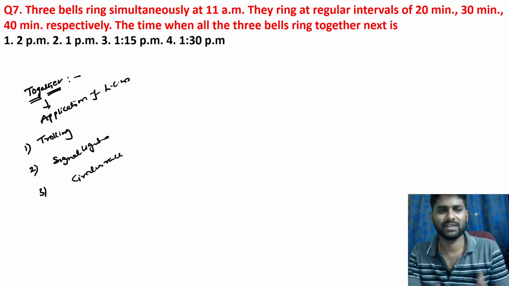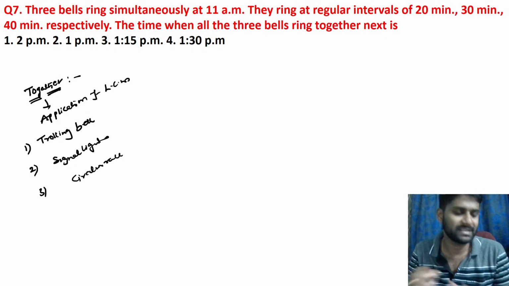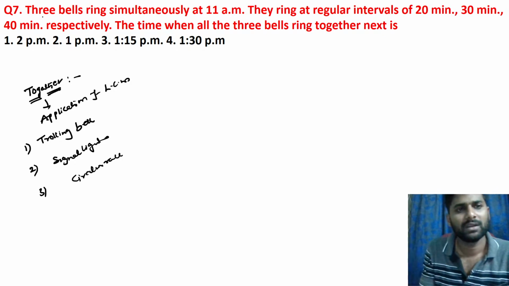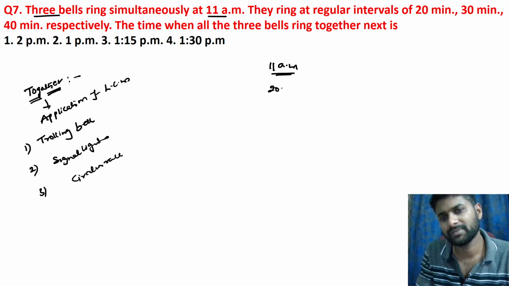So whatever the question related to bells, tolling bells concept, or signal lights, or any circular races, just identify the concept of LCM. Now there are three bells which ring simultaneously at 11 a.m. and they ring at regular intervals of every 20 minutes, every 30 minutes, and every 40 minutes.